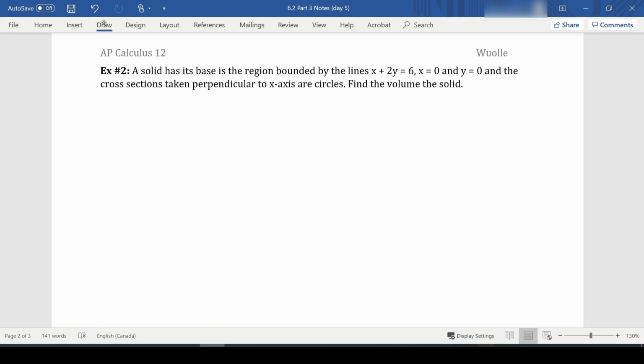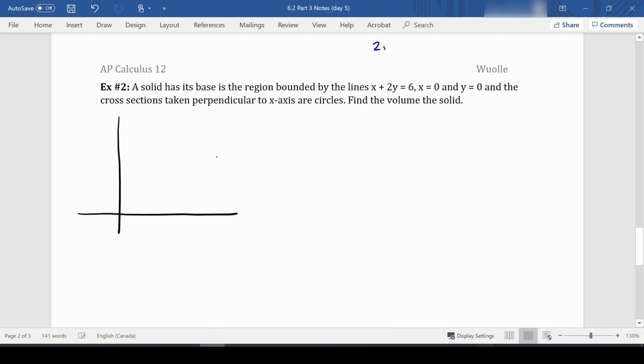Okay, so let's draw this thing. Okay, so we've got x plus 2y equals 6. I would choose to rearrange this in order to graph it. So I'd have 2y equals negative x plus 6, or y equals negative 1/2 x plus 3.